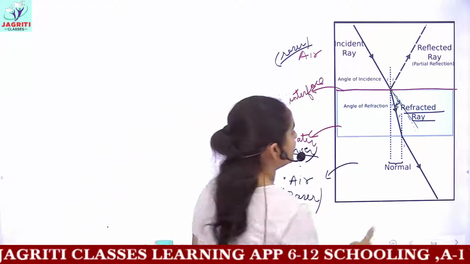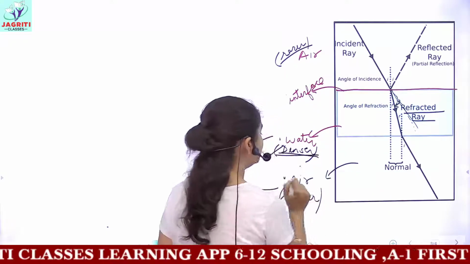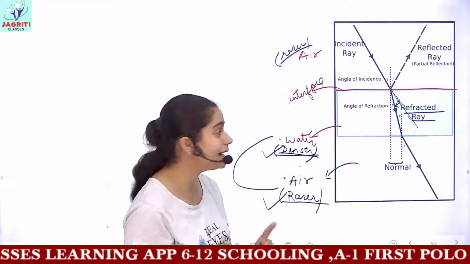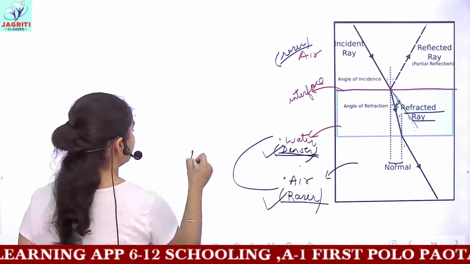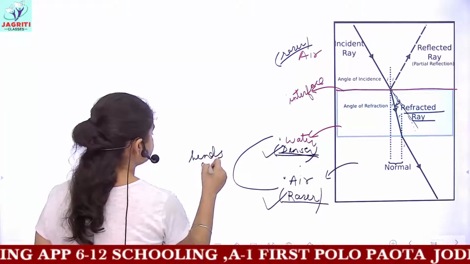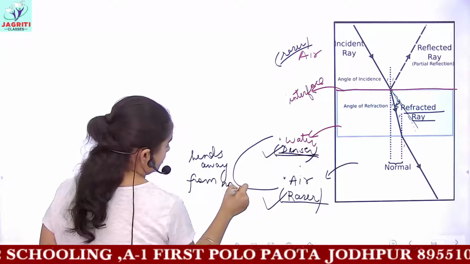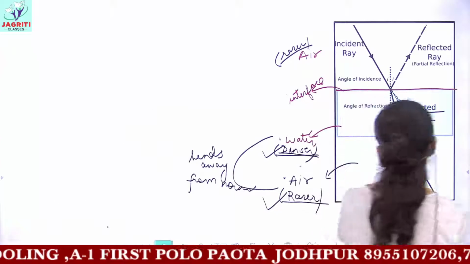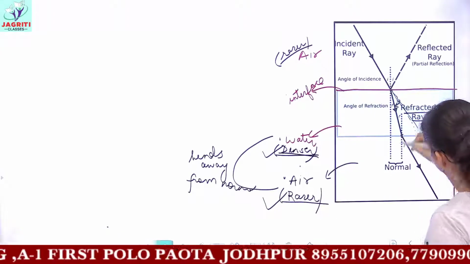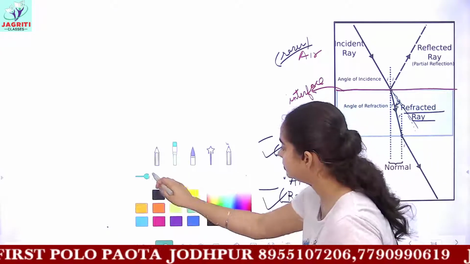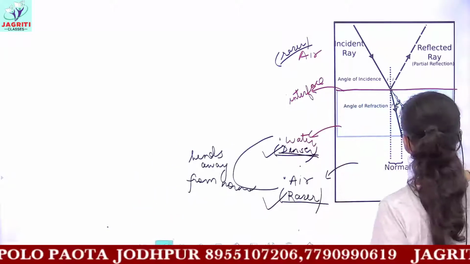Now this light ray is traveling from a denser to a rarer medium. So whenever the light ray travels from denser to rarer, the light ray bends away from the normal. You can see here at the interface, the dotted line represents the normal.